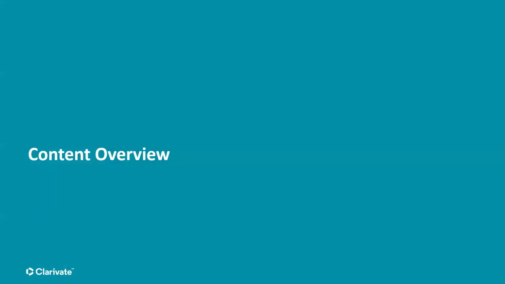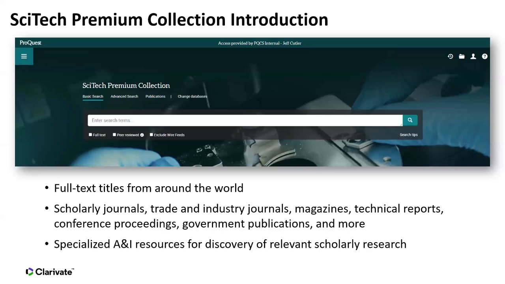So I'd like to start out by talking a little bit about an overview of the content that you can expect to find within SciTech Premium. The SciTech Premium Collection provides full text titles from around the world, from a wide range of sources, including scholarly journals, trade and industry journals, magazines, technical reports, conference proceedings, government publications, and more.